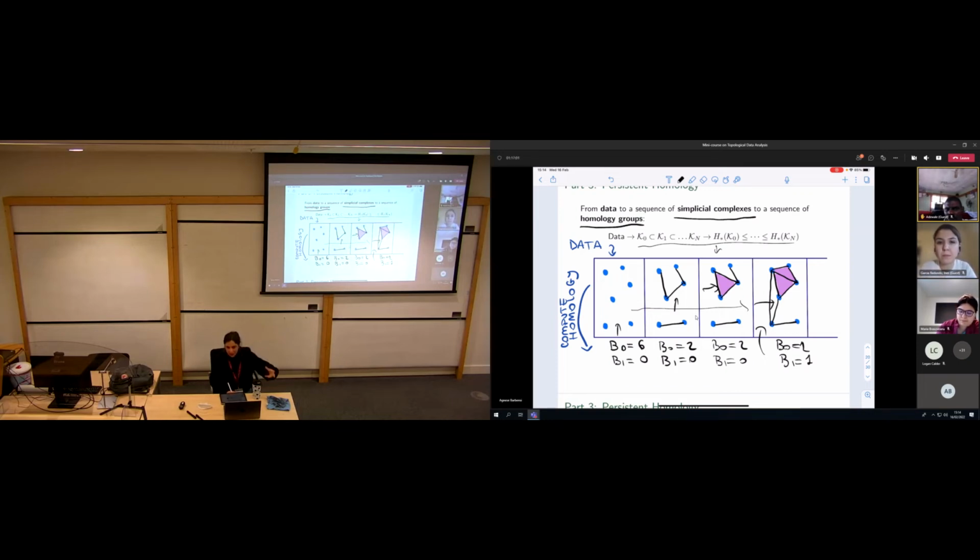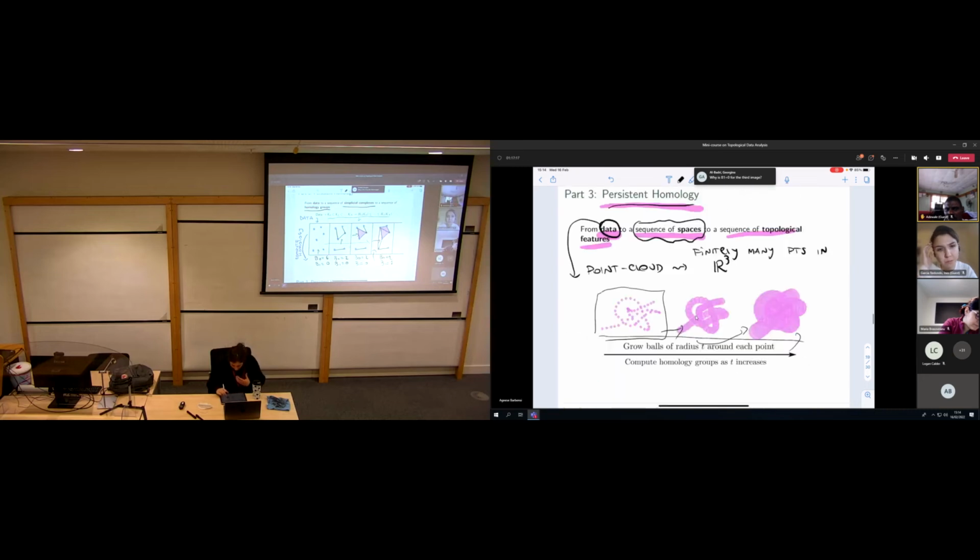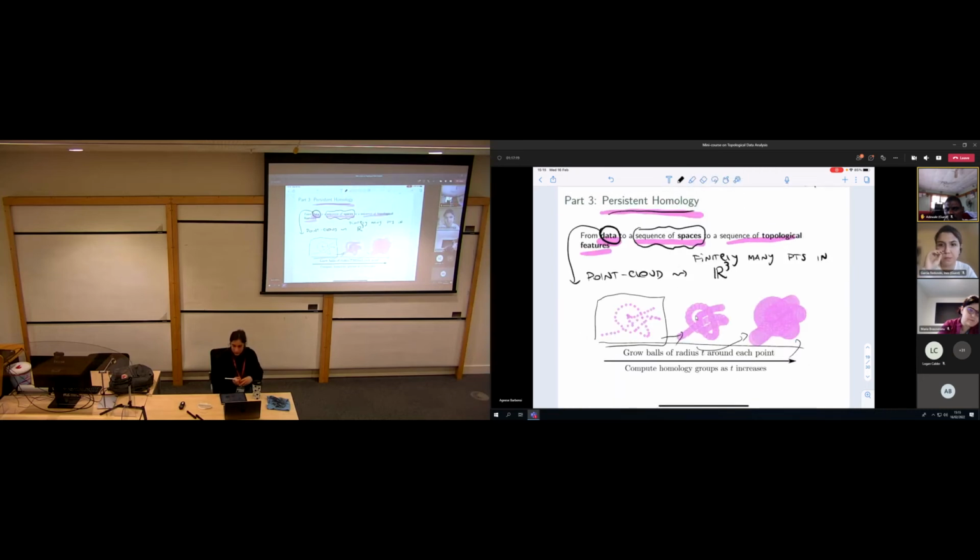But you can start from several different kinds of data. And then, given different kinds of data, or even given point clouds, there are several different ways of constructing a filtration of simplicial complexes from it. What I'm going to tell you about is the simplest possible filtration, and the filtration that's supposed to give you a good approximation of this idea in a way that's combinatorially efficient.